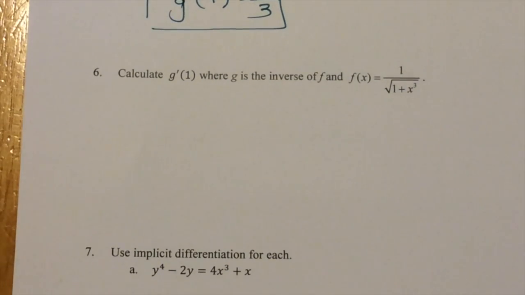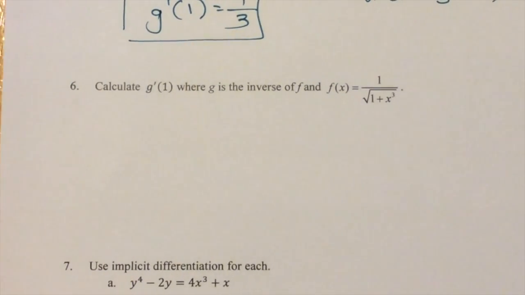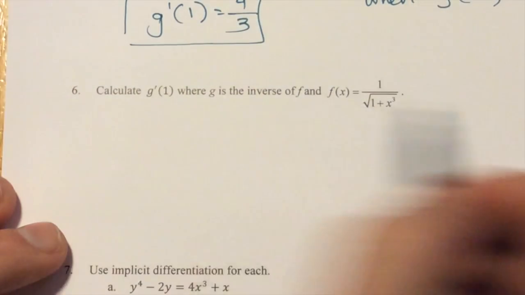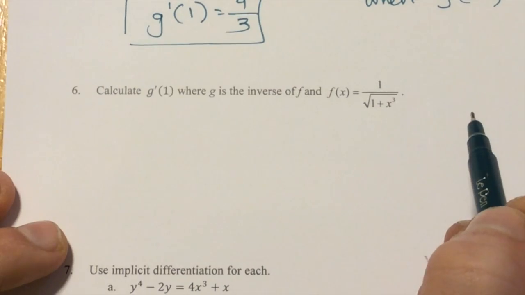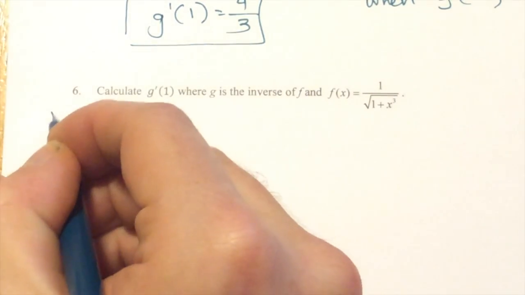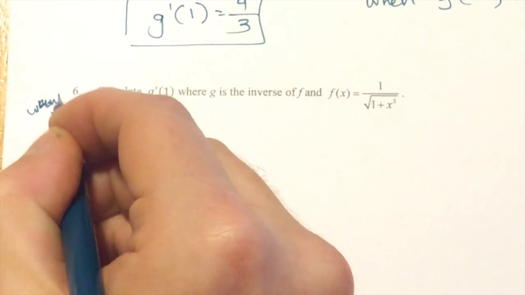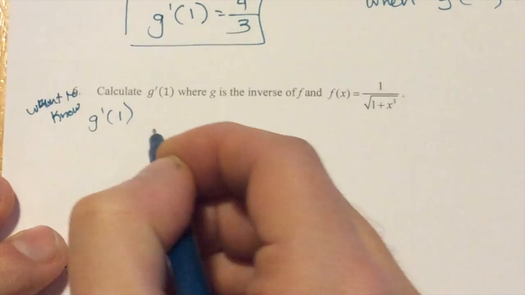So let's look at problem number 6. Let's just make it a little brighter for you guys. How do we set up these inverse problems? We want to know g prime of 1.